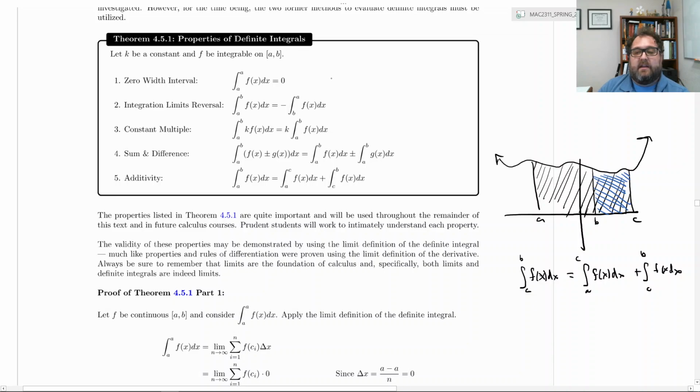Now, why is that? Hopefully my picture gives you a little hint, and I'll walk you through the formality of it. Notice if I want to use geometry to evaluate the definite integral from c to b, what must I do? Notice b is to the left of c.